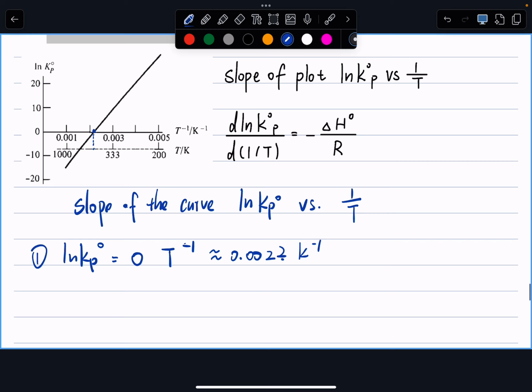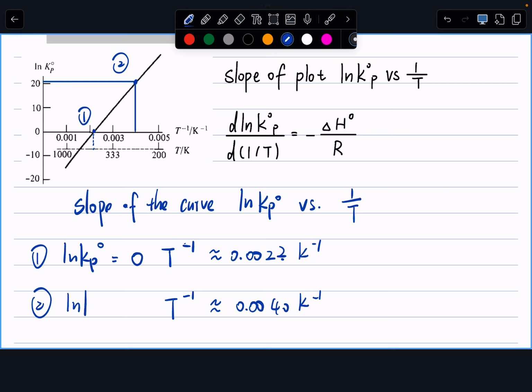For the second point, let's say this one, where T minus 1 is roughly 0.0040 and my ln Kp is roughly 20.